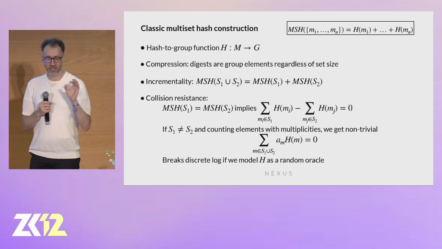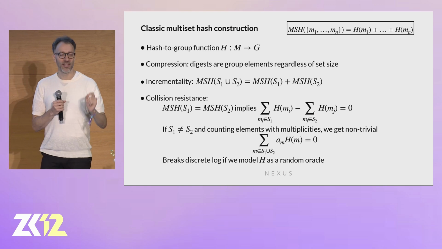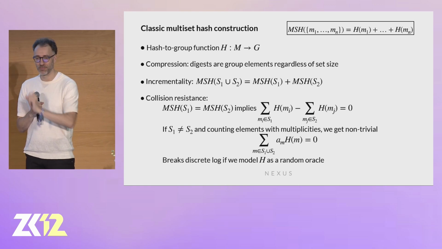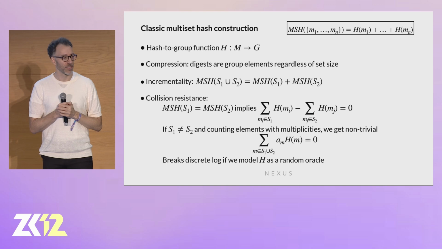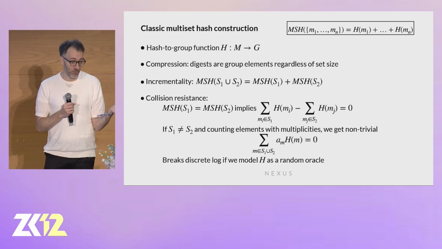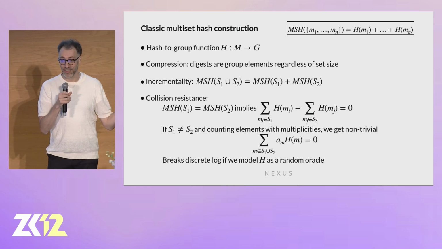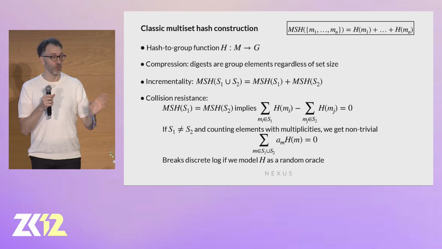Then we just go through all the elements in the multiset, hash them, and add together these hashes, because the hash outputs group elements. And it has the compression functionality, because regardless of the size of the multiset, the hash is just one group element.